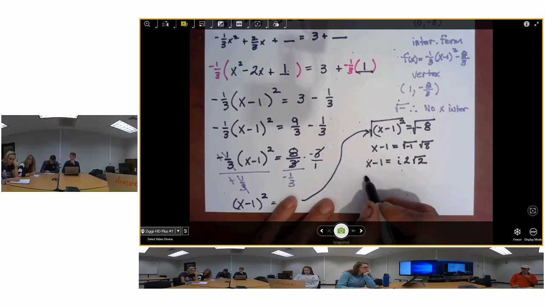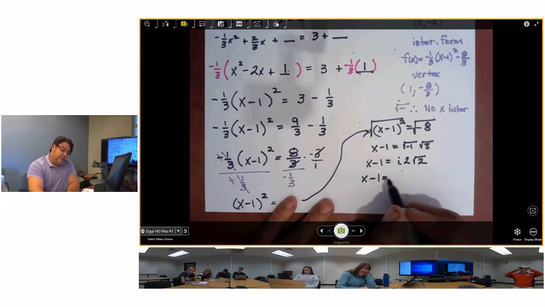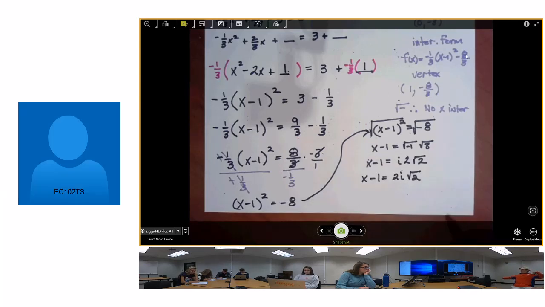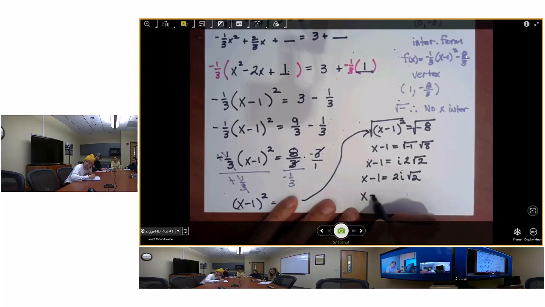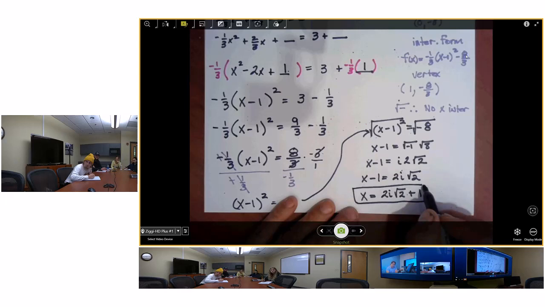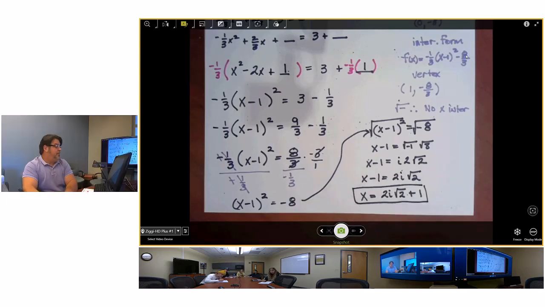So x minus 1 equals 2i times square root of 2. X is equal to 2i square root of 2 plus what? Or 1 plus 2i square root of 2, however you want to write it.